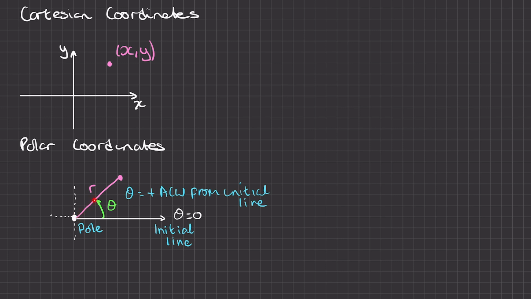If the radius was fixed and we could vary theta, then the radius would form a circle around the pole. So the general coordinates of this point would be r, the radius from the pole, and the angle theta, which is anti-clockwise from the initial line. So these are the general coordinates for the polar grid.